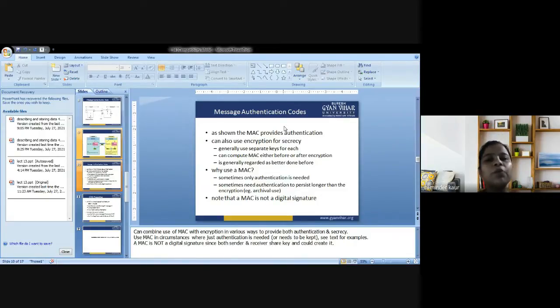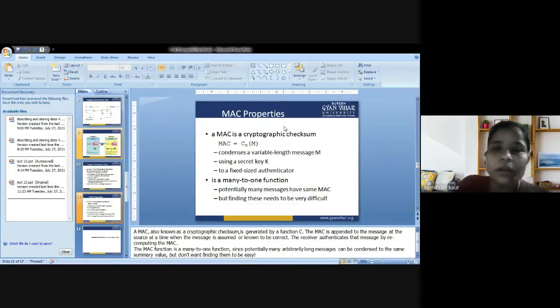Then we are supposed to deal with the SHA algorithm here, or any other algorithm that is providing the authenticity. Now this is the condition that you are supposed to note here: a MAC is not a digital signature. A digital signature is a different concept. Next, what are the various properties of a MAC? A MAC is a cryptographic checksum, and this is the formula given for the same. A checksum could be applied on the message with a particular key.